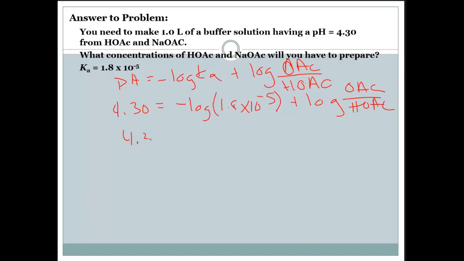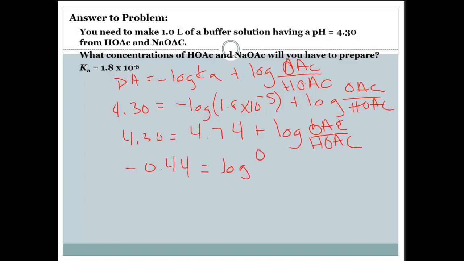The negative log of 1.8 times 10 to the negative 5 comes out to be 4.74 plus the log of the acid and the base concentrations. So that comes out to be negative 0.44, the base over the acid.